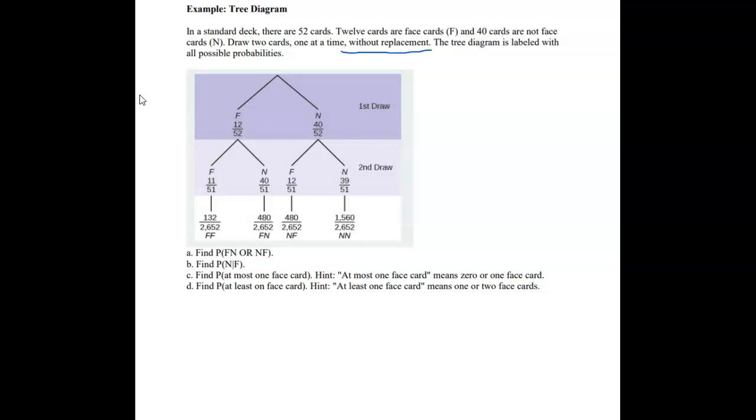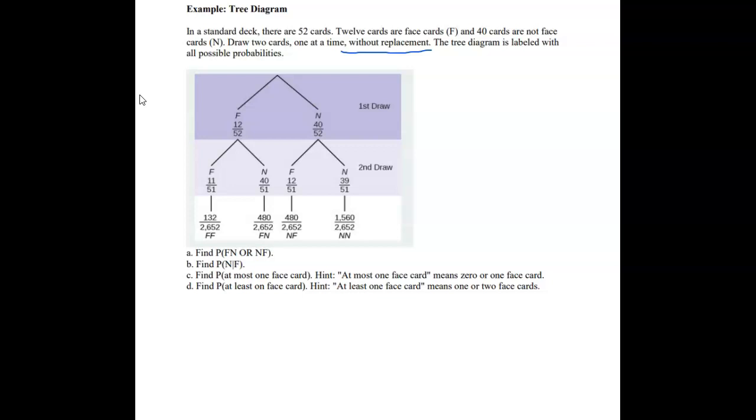All right. And if I follow this branch and you pick a non-face card first, one option is that you pick a face card for the second one, and that's 12 out of 51. Another option is that you pick another non-face card, but because you removed a non-face card and didn't replace it, you have 39 out of 51 non-face cards.